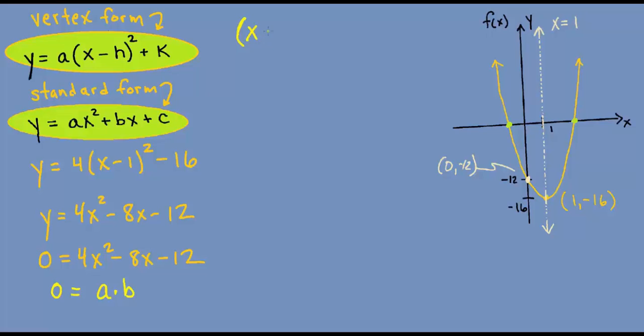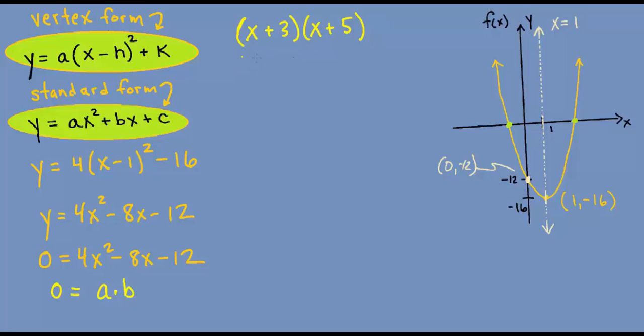Say I had x plus 3 times x plus 5. That is in the form of a times b. It's just that a is this whole thing and b is this whole thing. So that's the form we're looking for. That's the factored form. Now, if we FOIL that out, remember foiling.